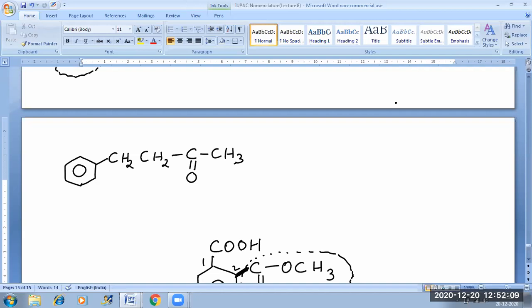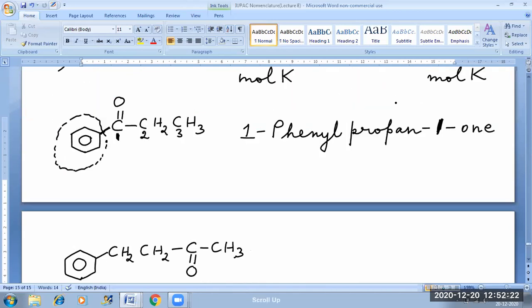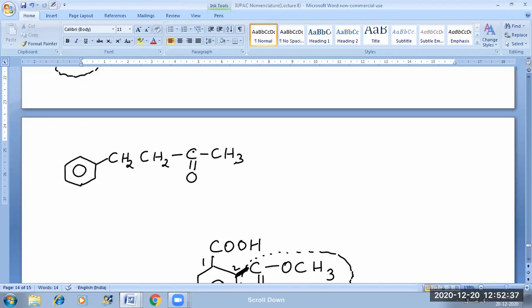Ketone. So it's again ketone. But is this ketonic carbon directly attached to the benzene ring? No, sir. So look at the difference. That's what I'm showing you. In this example, the carbon of ketone is directly attached to the benzene ring. But in this example, the carbon of ketone is not directly attached to the benzene ring.